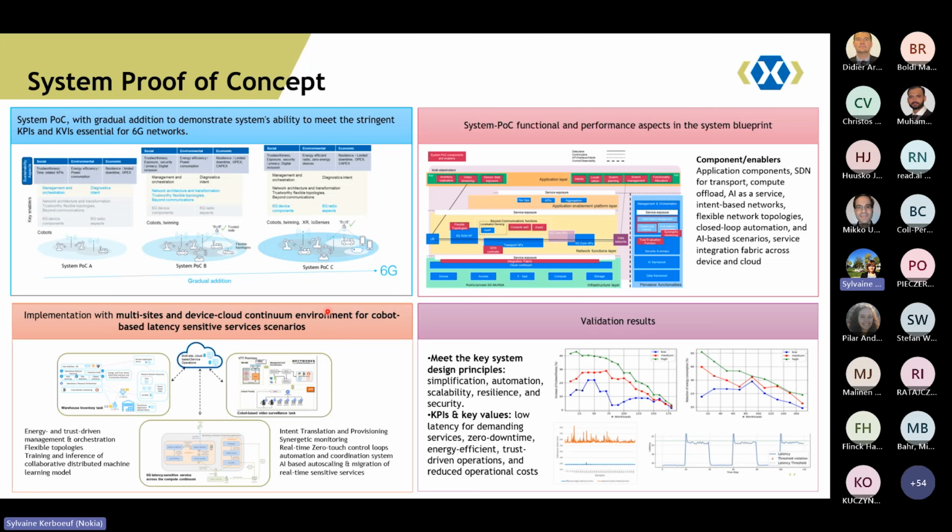And we focus on a cobot use case for latency sensitive services on a multi-site deployment scenario and looking at aspects related to management and orchestration, taking into account energy and trust aspects, intent translation, and so on. So we have also provided the results of evaluation from the system POC in our latest deliverable that was published in September of this year.